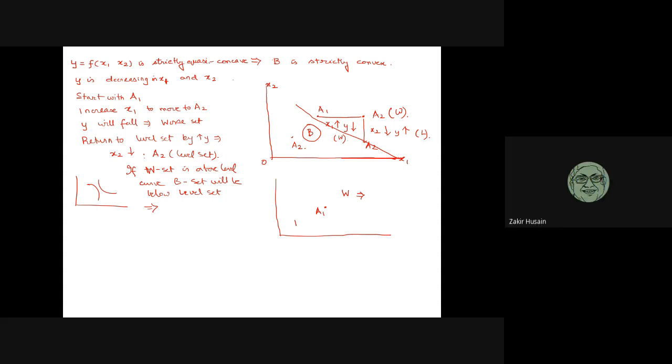Look at the definition. Y is strictly quasi-concave. This implies the better set must be strictly convex. So which will it be, this or this?